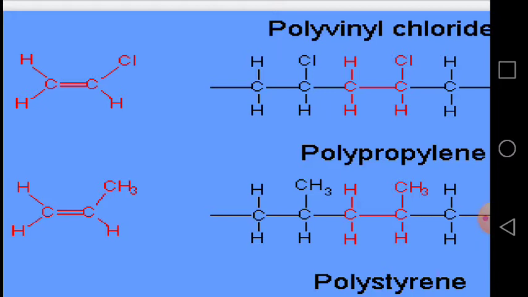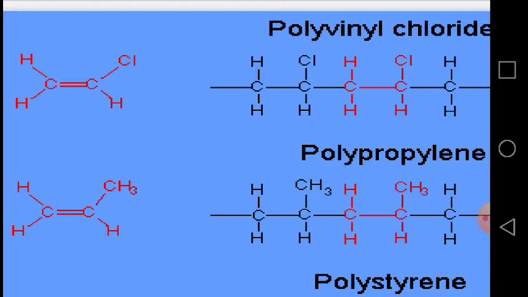You can see in vinyl chloride there is a double bond between carbon and carbon. This double bond gives us the opportunity to add another vinyl chloride to the first one. You can see in the long chain that there are single bonds between carbon and carbon.